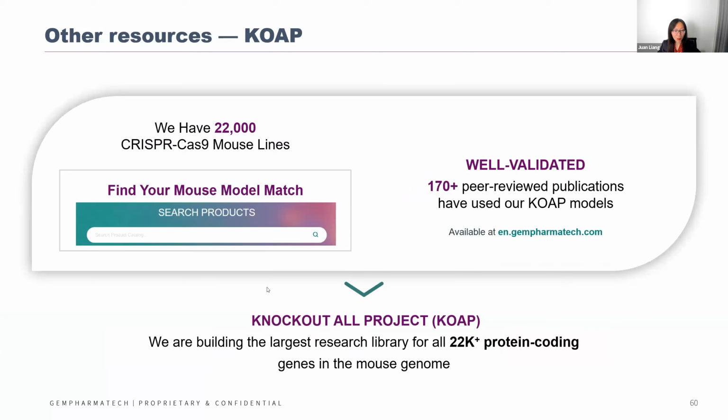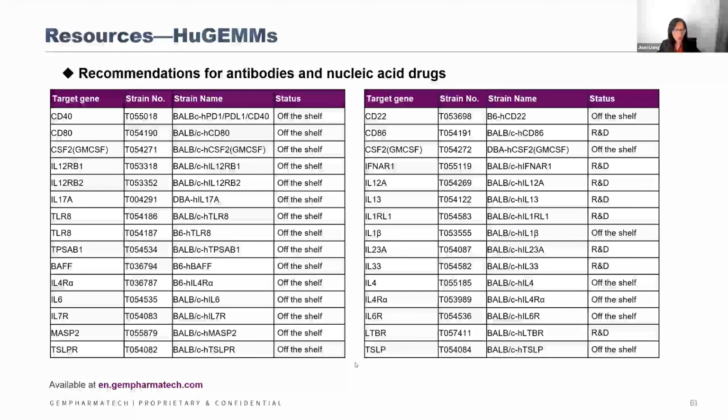KOCP is a knockout project. In this project, we aim to generate around 22,000 flox mice with knockout of all the protein coding sequences. The knockout mice could be spontaneous autoimmune disease models. And also, we have generated humanized genetic engineering mouse models.